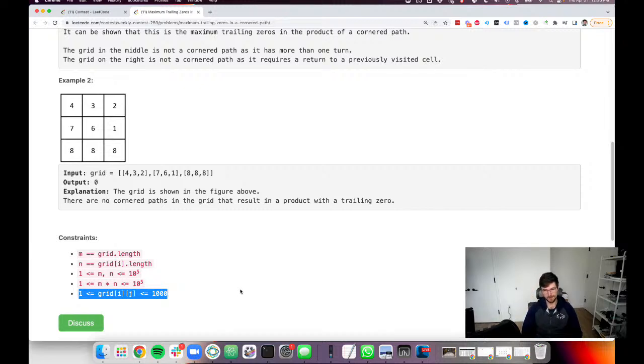We don't necessarily want to track the whole number. And we need to figure out what is a cornered path here.